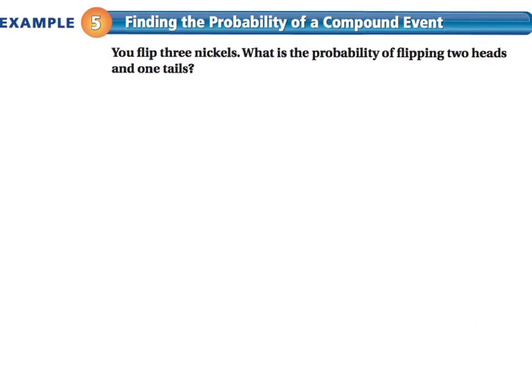In example number 5, we want to find the probability of flipping 3 nickels. What is the probability that we're going to get 2 heads and 1 tails? So in this problem, once again, we want 2 heads and 1 tails.